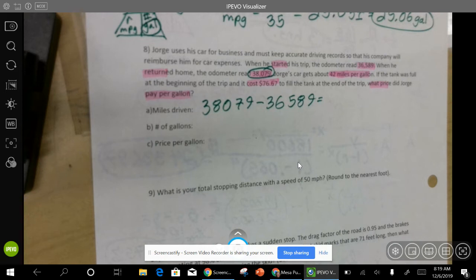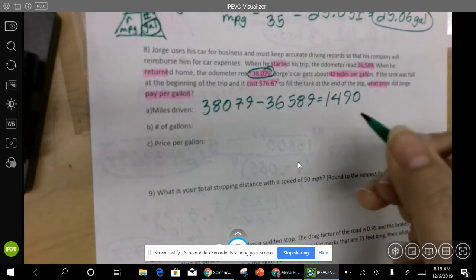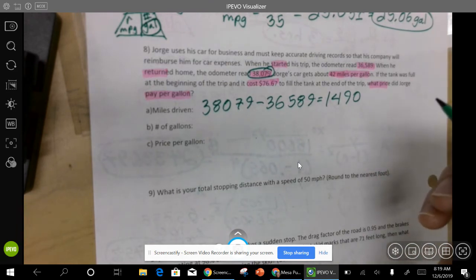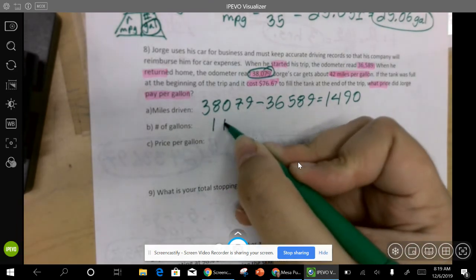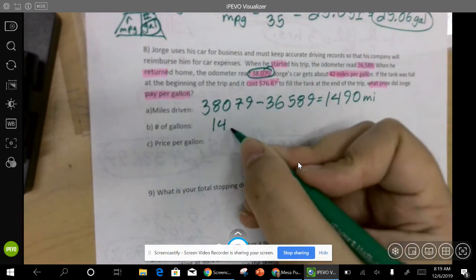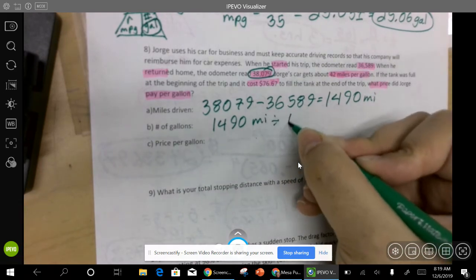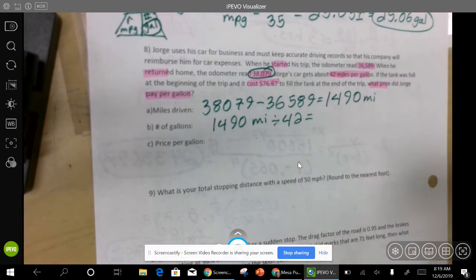Always double check your answers on this, everybody. So we got 1,490 miles driven. To get the number of gallons, we take the miles driven divided by 42.